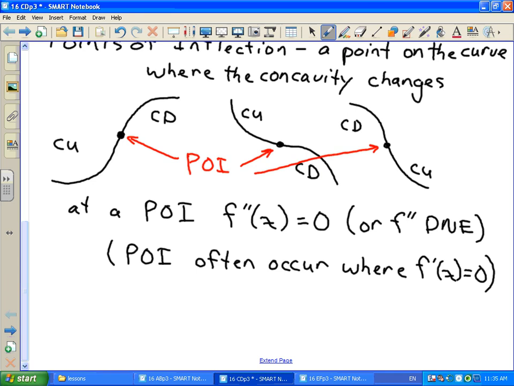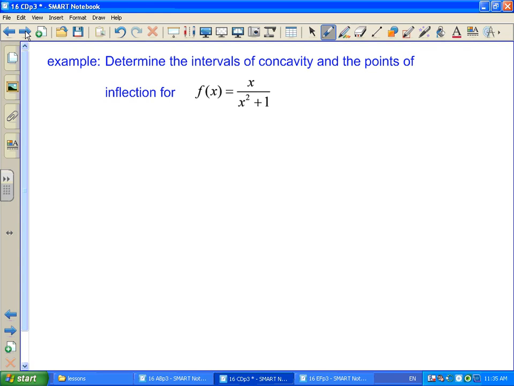Sometimes we had a local max, sometimes we had a local min. Other times we said that these things were points of inflection. Okay. So let's just take a look at an example of determining the points of inflection and determining the intervals where a function is concave up and concave down.